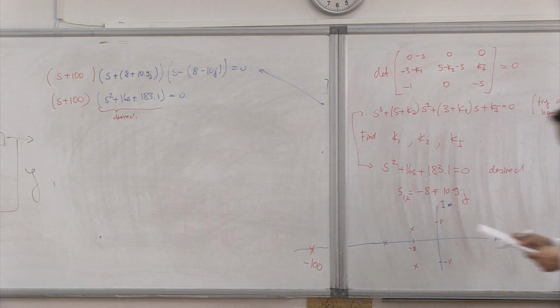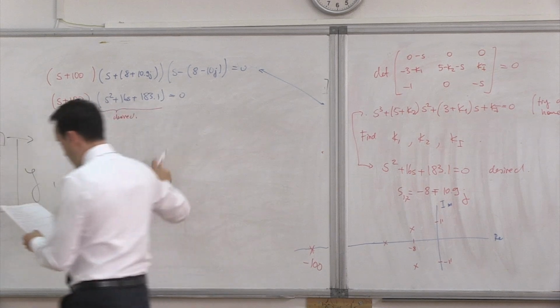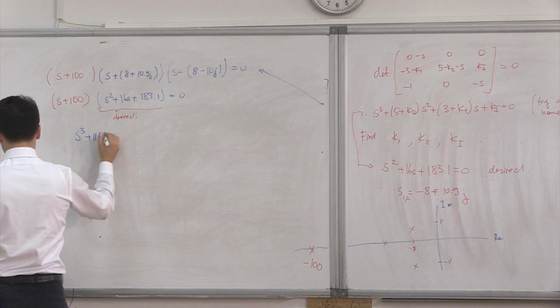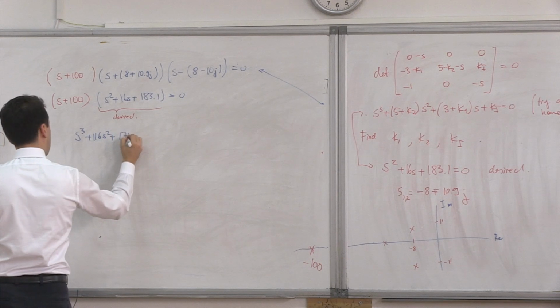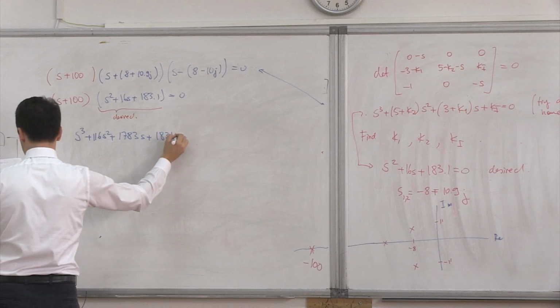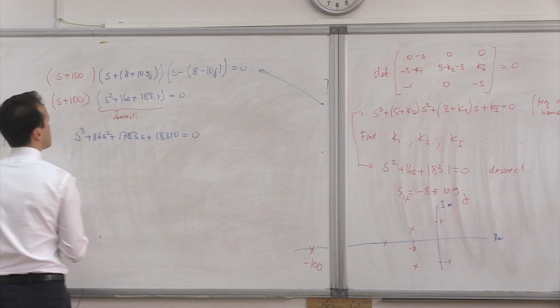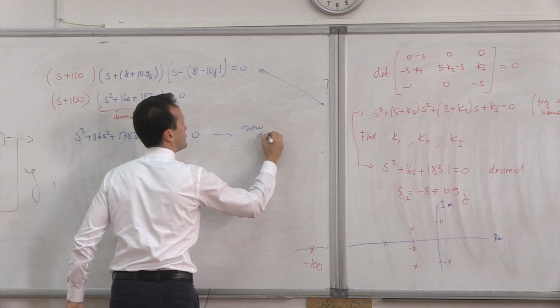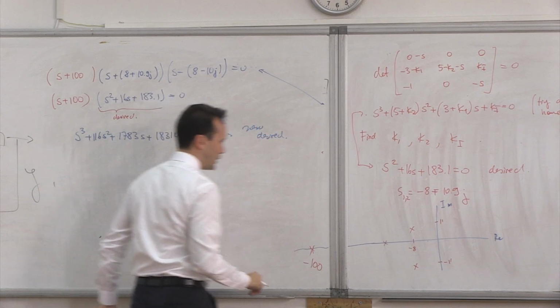So if you do this, if you introduce that, you will have something like this: s cubed plus s squared plus 1783 s plus 18310. This is now the new desired. Okay?